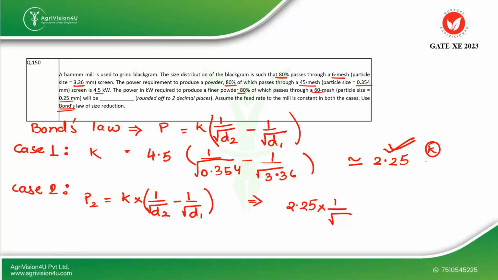D2 will be 0.25 for the second case, minus 1 by root over 3.36. So you will get an approximate value of 5.33 kilowatt. So the power required to produce a finer powder, that is 80% of which passes through a 60 mesh screen, is approximately 5.33 kilowatt.